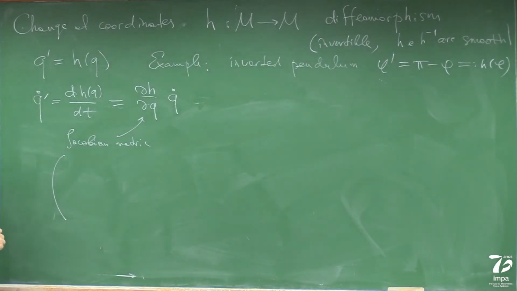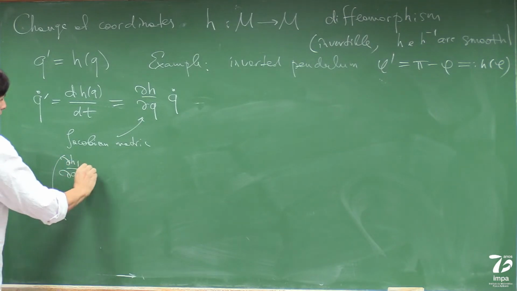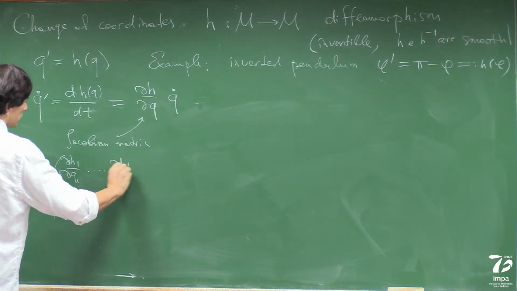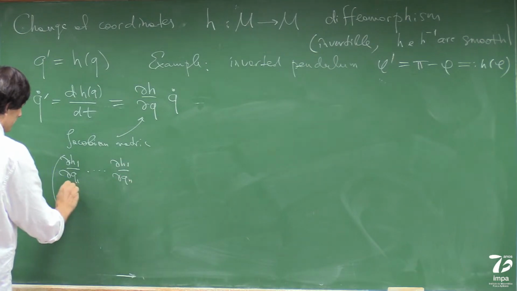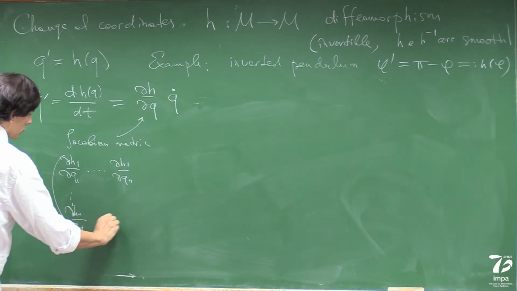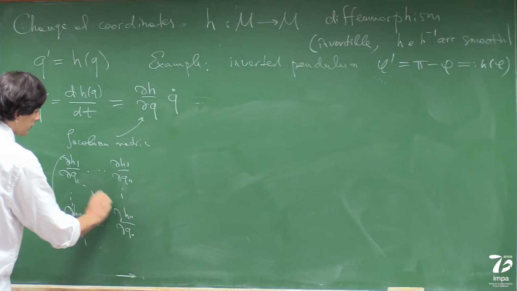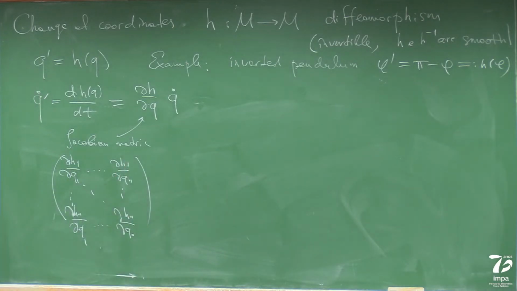So it's the matrix of the derivatives dh1 dq1, up to dhn dq1, and so on, dhn dqn. So derivative of all components with respect to all variables. And this is a vector.